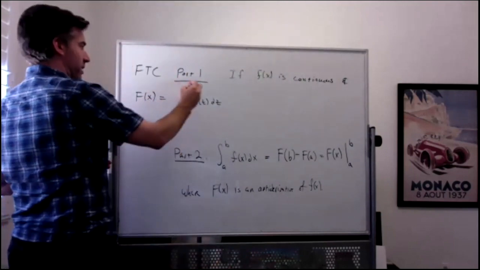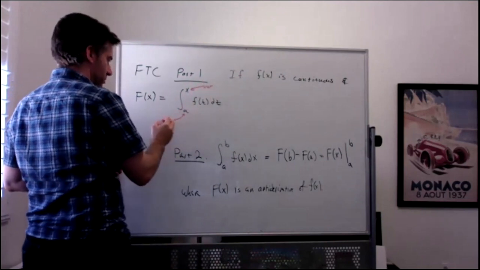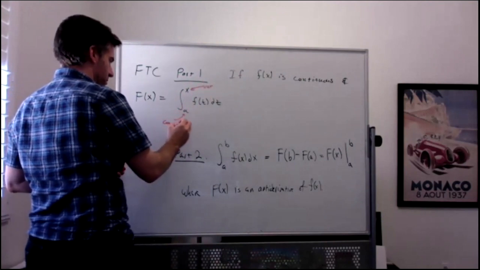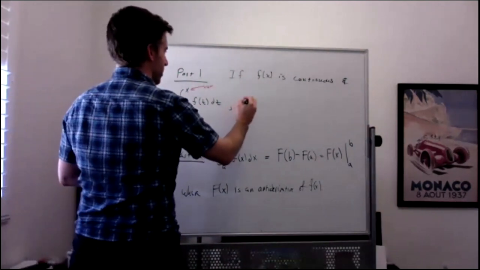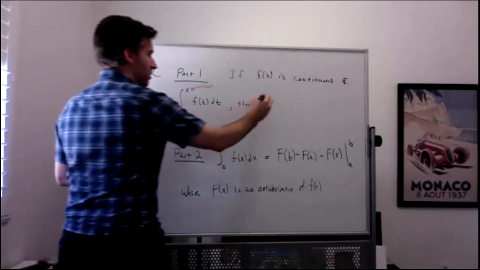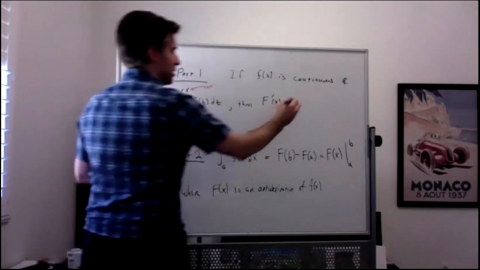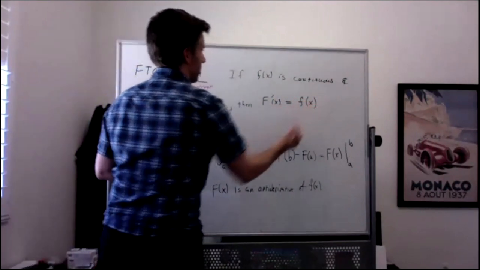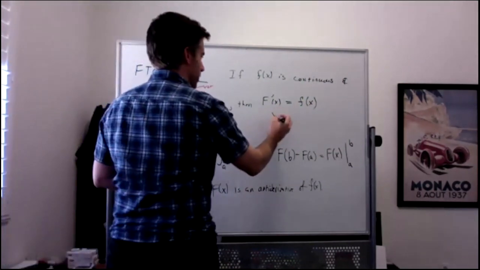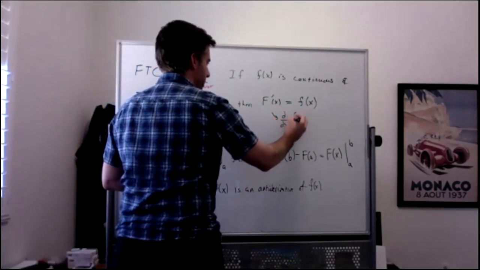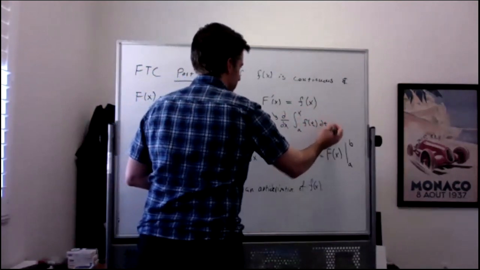This is a function of x, so x is the variable. a is a constant. Then the derivative, F prime of x, is equal to f of x. Sometimes you will write this as the derivative of the integral from a to x of f of t dt.